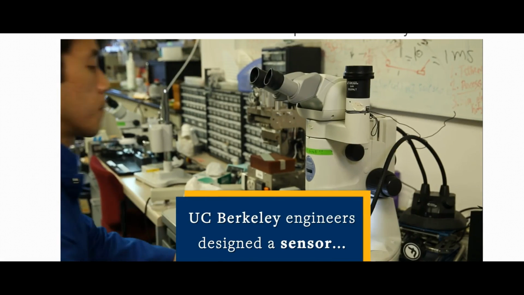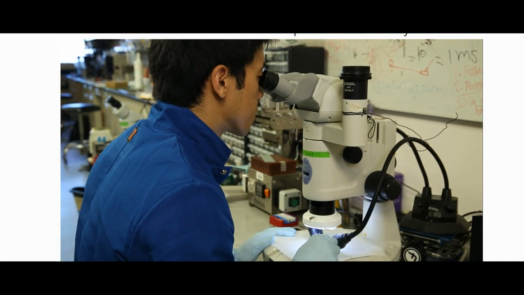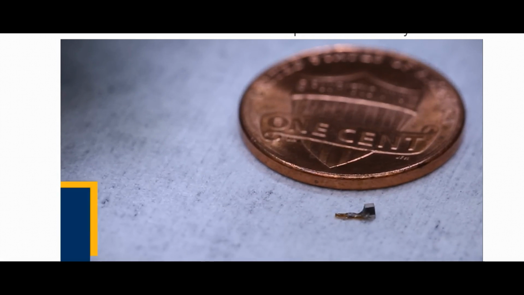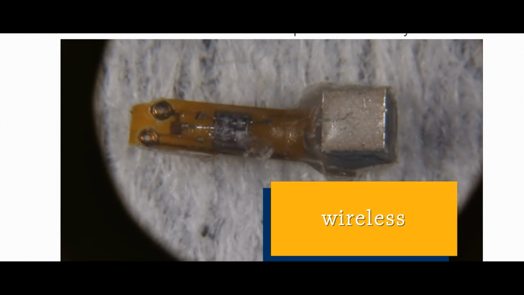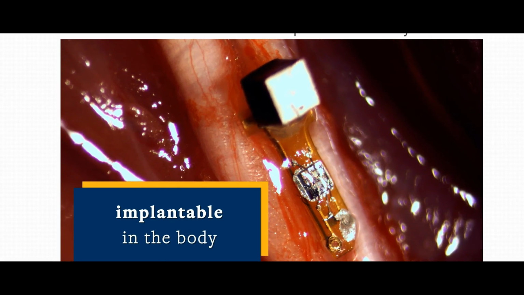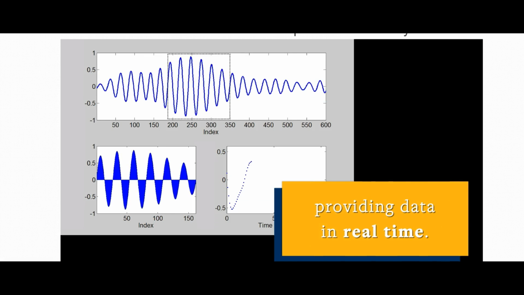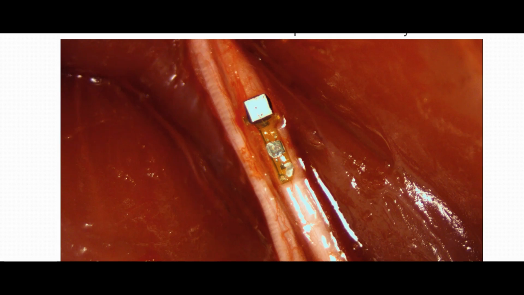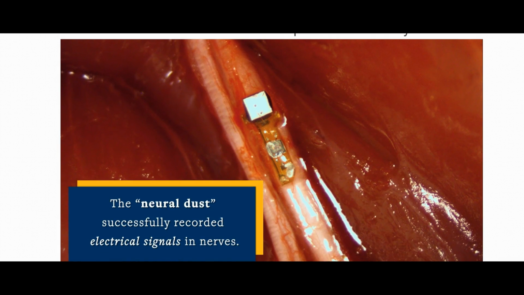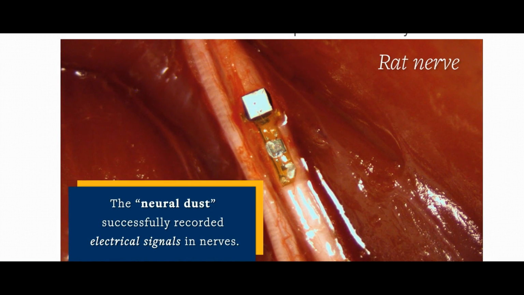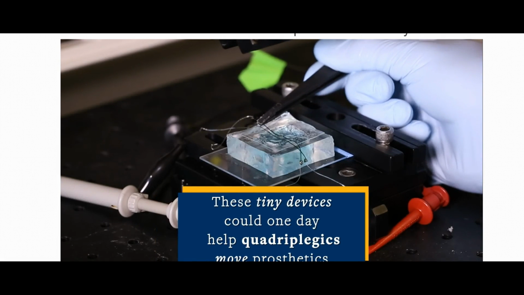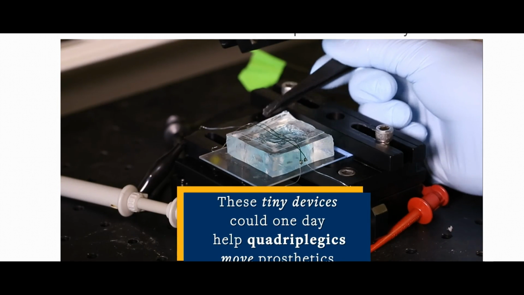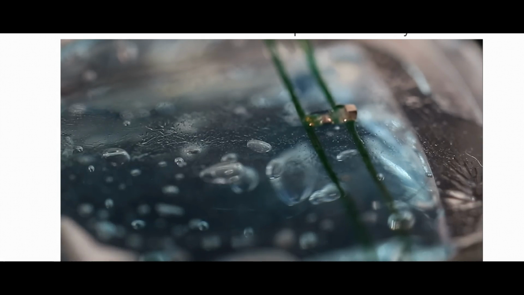And we can see how small that is. Here are some of the engineers looking under the microscope, and you can see how small that is compared to a penny. There they are implanted into the human body, and they provide data. Here is an example in a rat nerve. And they can help quadriplegics, people that have been paralyzed.